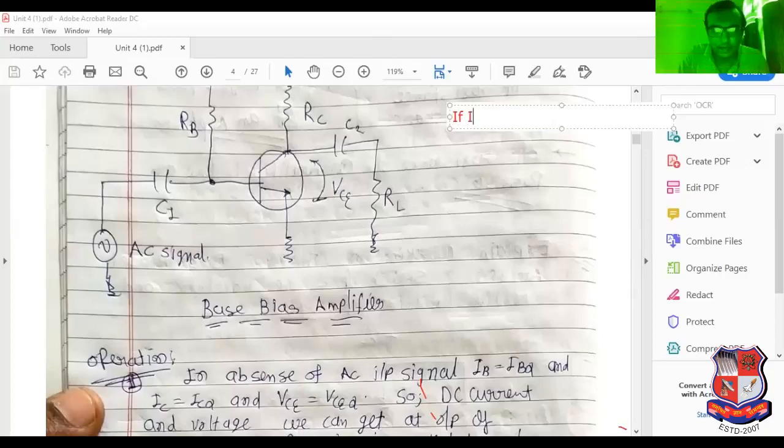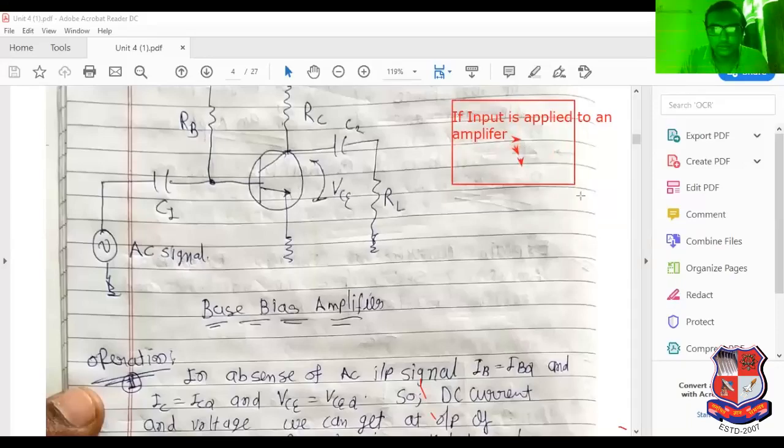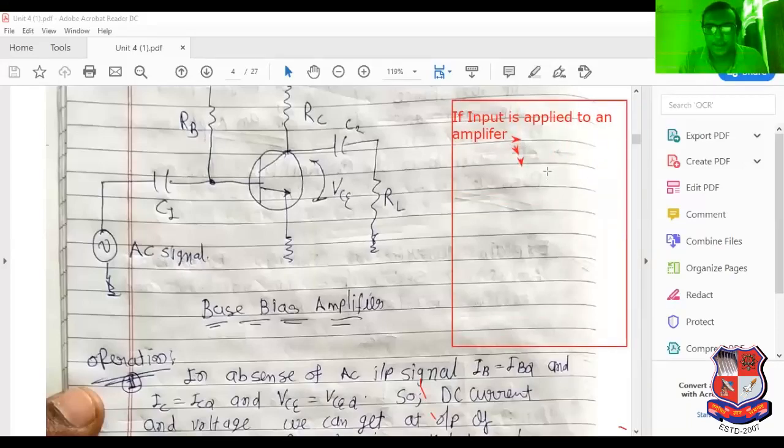If input is applied to an amplifier, then base current flows.